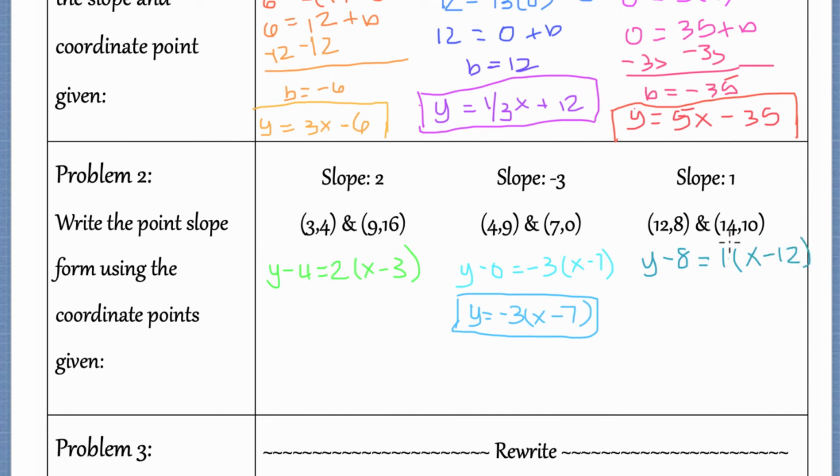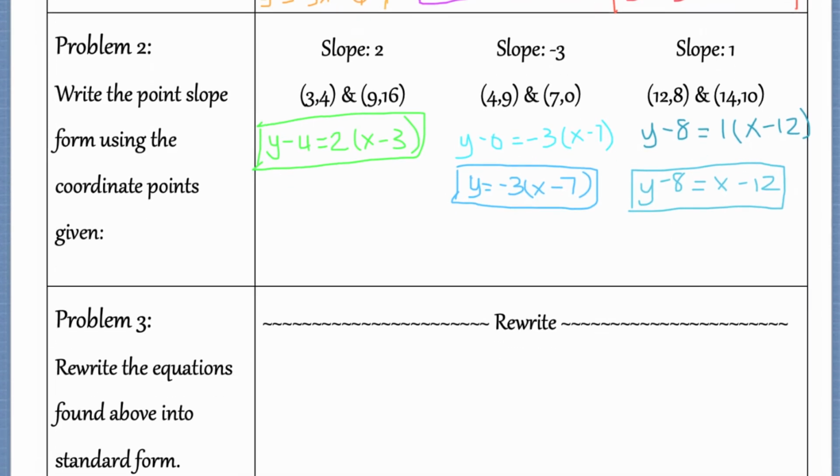But since 1 just gives the same value of x minus 12, we don't have to write that 1 over there, so we can just say y minus 8 is equal to x minus 12. And that will be our point-slope form for this one. So now that we used point-slope form, let's move on to problem number 3 to find standard form.